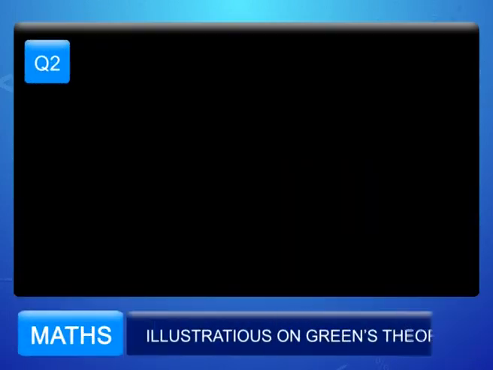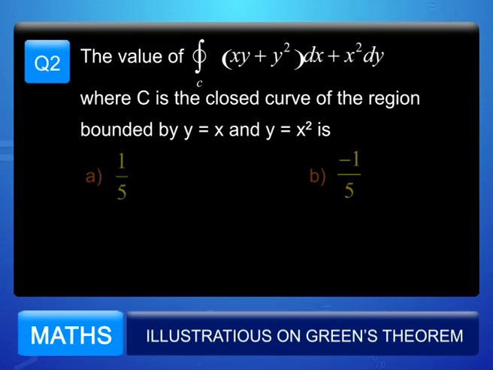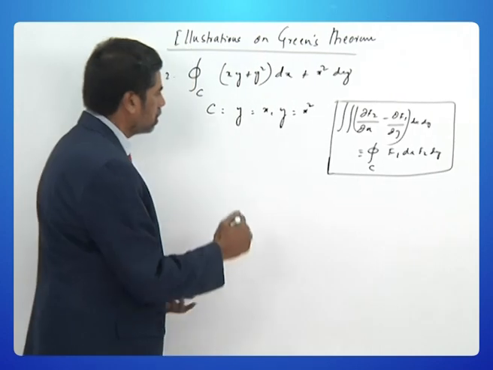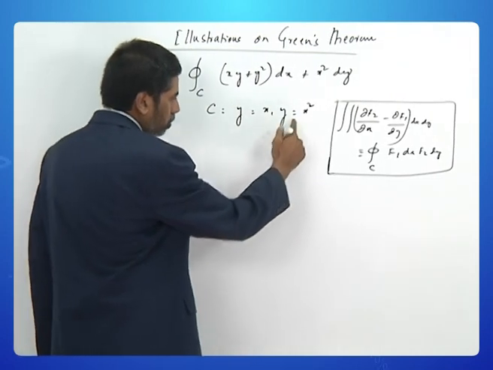Question number 2. What is the value of the closed line integral (xy + y²) dx + x² dy, where C is a closed curve of the region bounded by y = x and y = x²? First we trace the region. This is a straight line and this is a parabola.